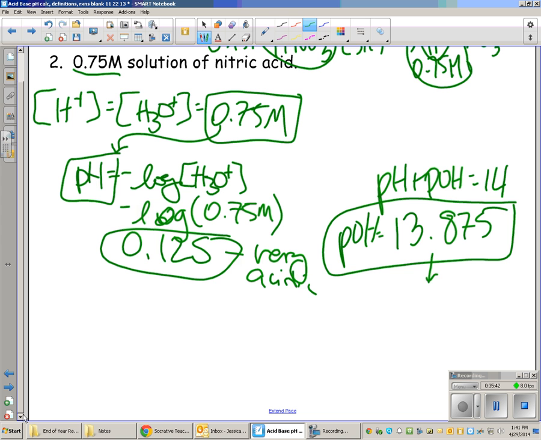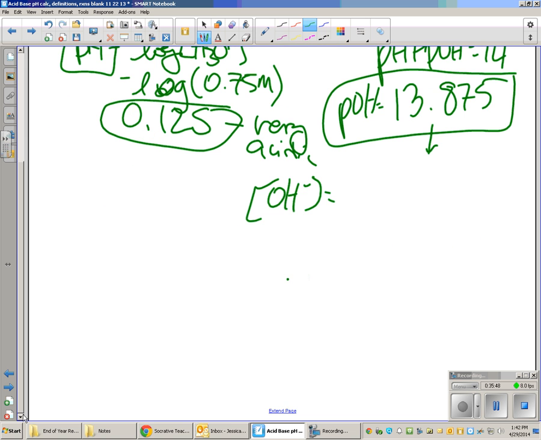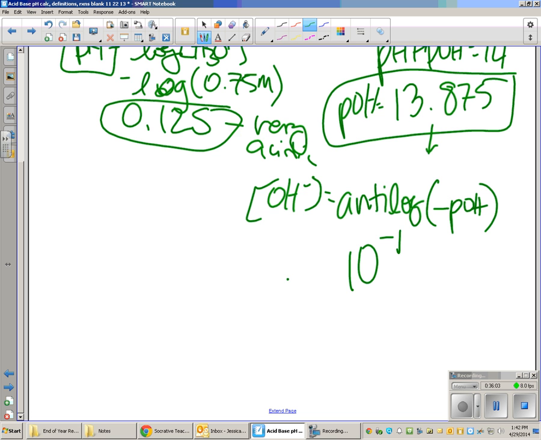I need to use the anti-log one. So when I want to solve for OH minus, I have to do the one that equals OH minus. So which formula is that? Anti-log of negative pOH. And instead of doing anti-log, I do 10 to the negative pOH.